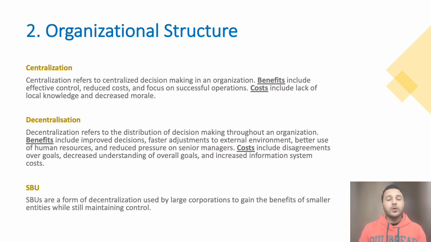Some organizations, when they are hugely big, break down their structure into SBUs. SBUs are strategic business units, which means that they break down the entire formal organization through different groupings.